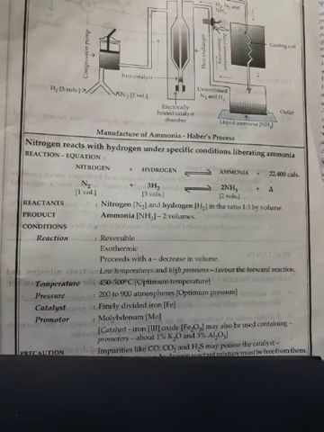Clear this point? According to this law, low temperature should be selected, but at very low temperature the yield of ammonia will be affected. So which temperature is selected? Optimum temperature, that is 450 degrees Celsius to 500 degrees Celsius, and at this temperature the reaction is slow but not very slow, and decomposition of ammonia also will be less.